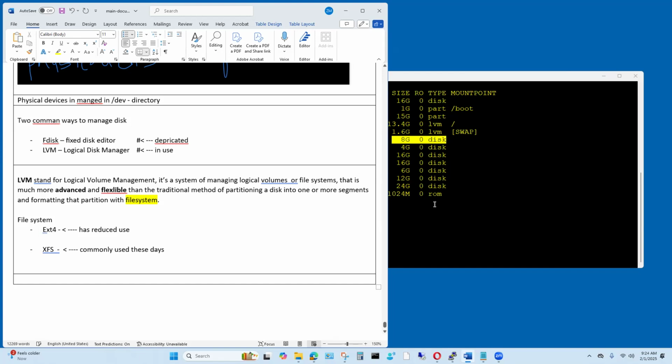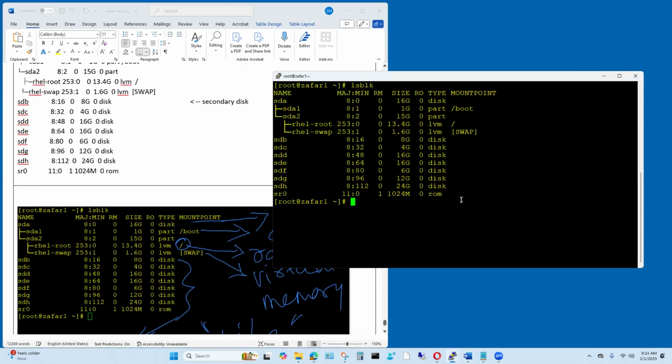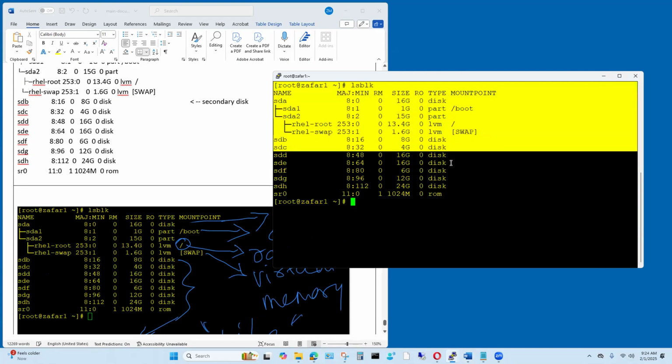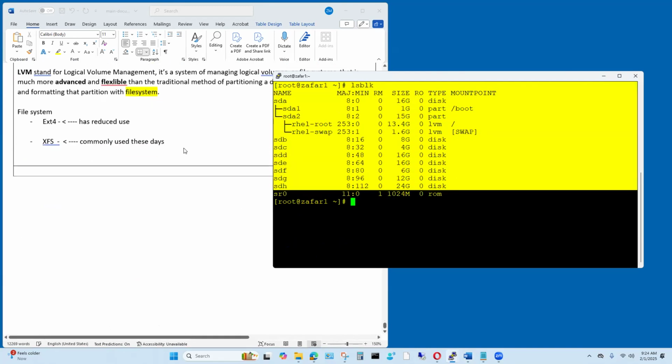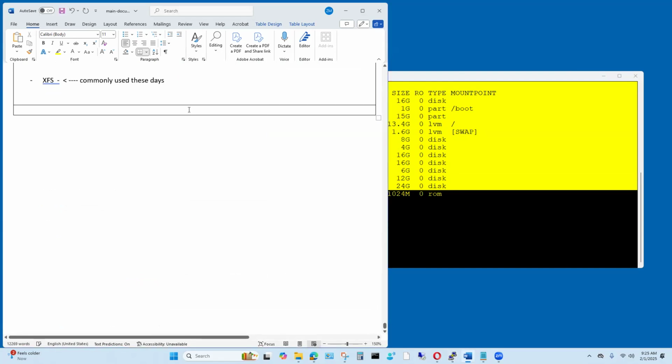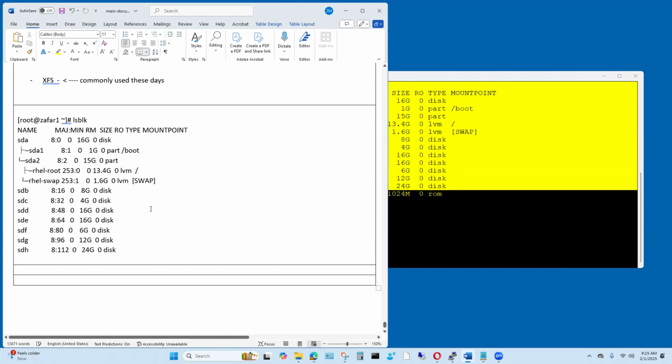So what we have are these file systems, these volumes.